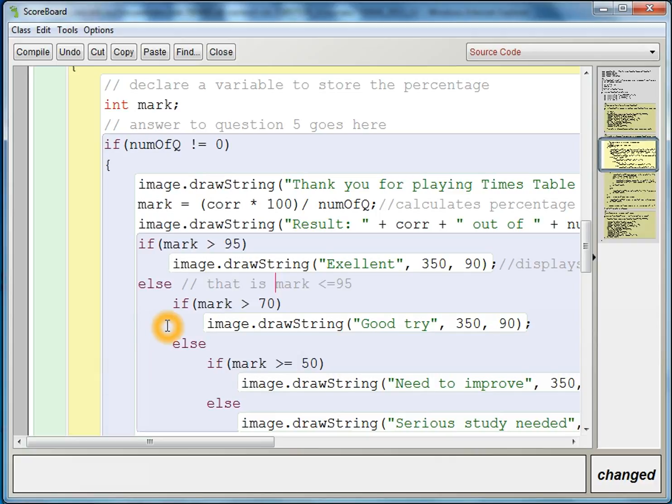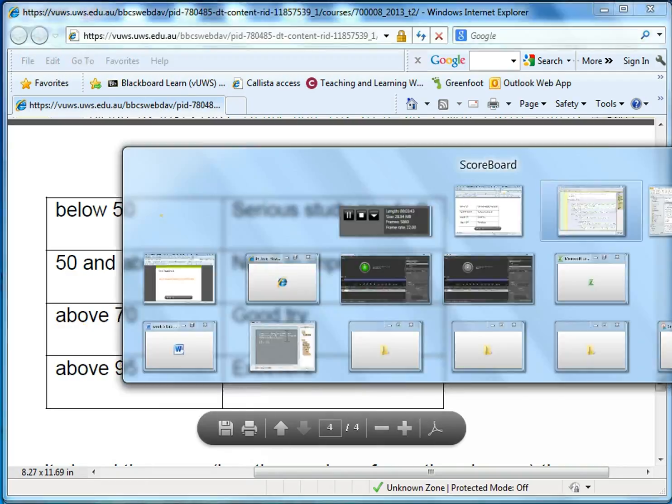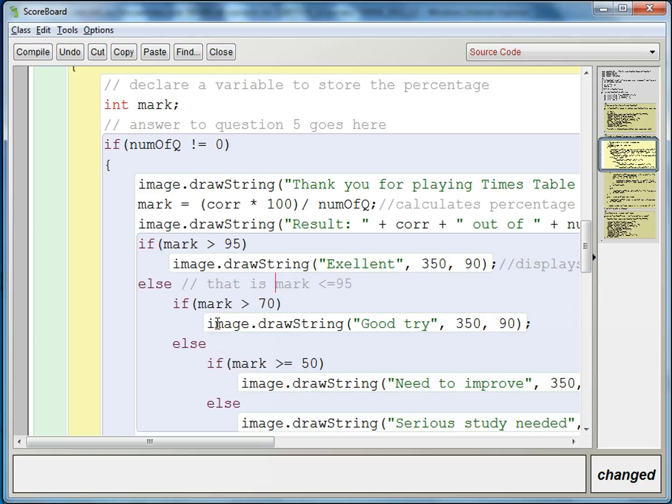Then we ask the question, is the mark greater than 70 now? We're looking at the next bit. See, above 70, we give the message good try. So greater than 70, message good try.